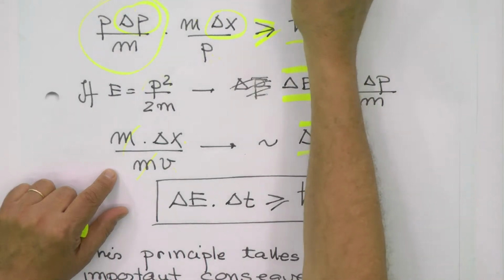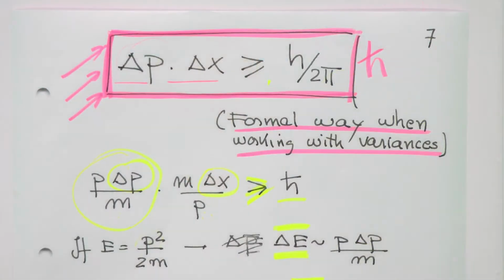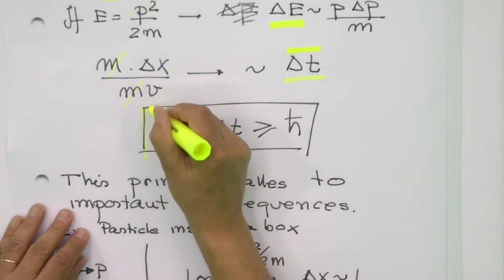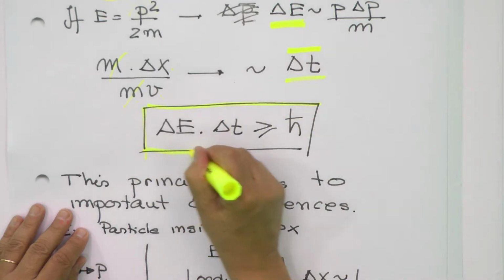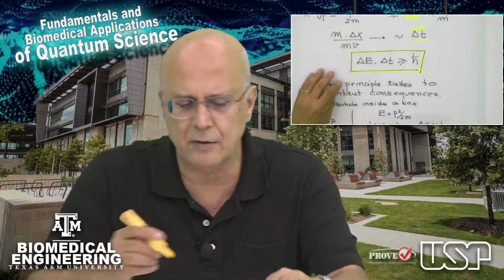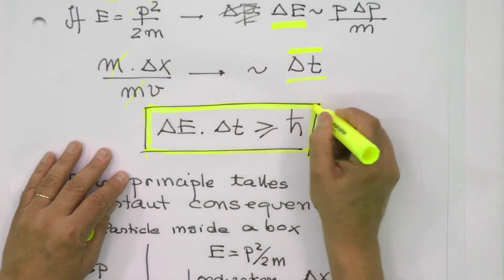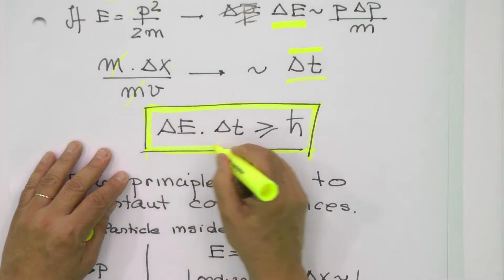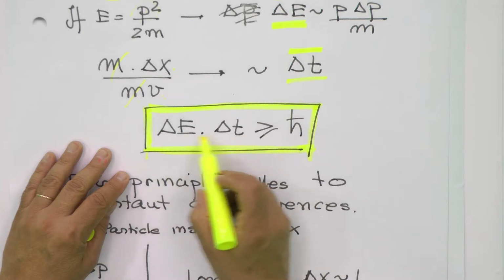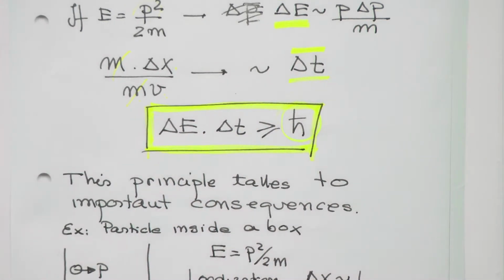So the same Heisenberg principle that we observed for the momentum now turns into also a principle for energy. The energy that I measure or determine for a particle is related to the imprecision of when I measure it. And the product of those imprecisions is limited by h bar.